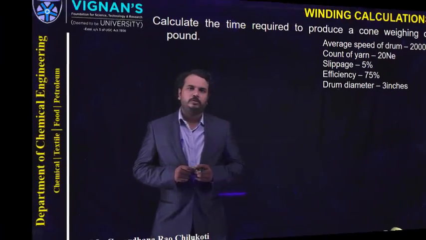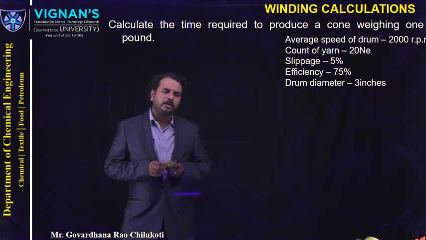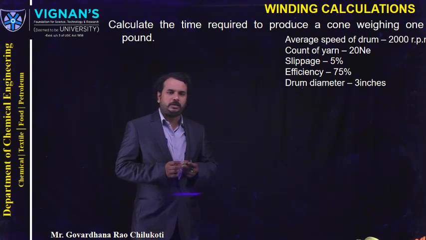So the next problem in the winding machine is about cone weight.